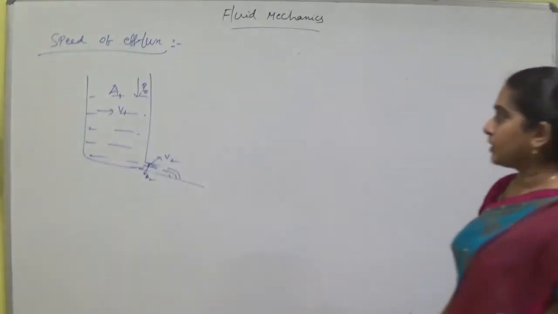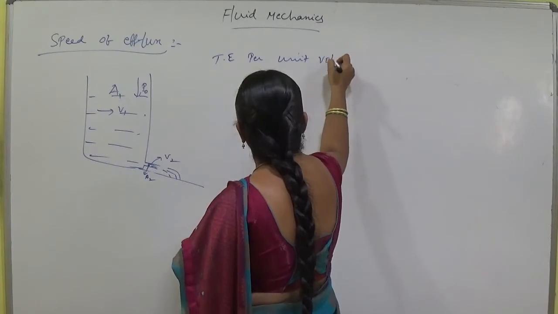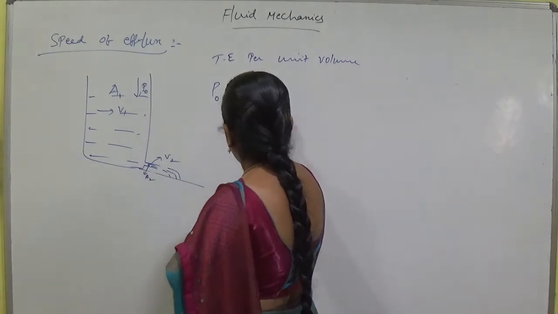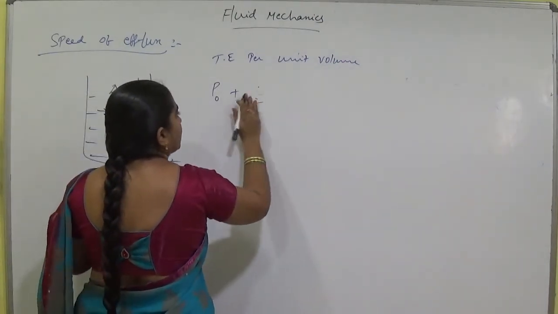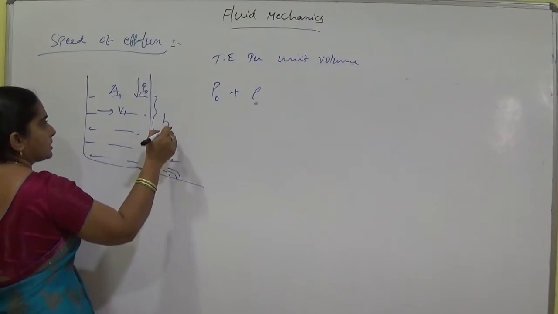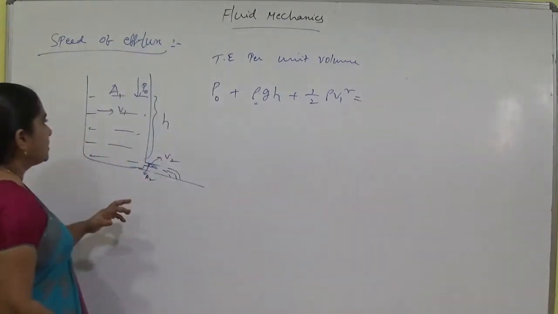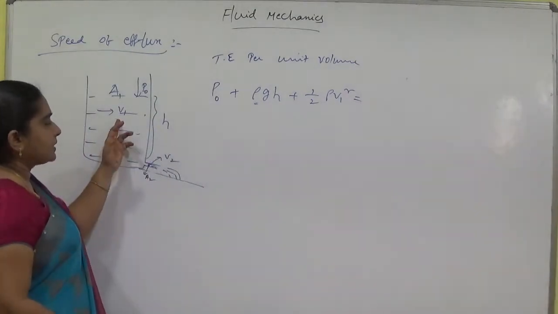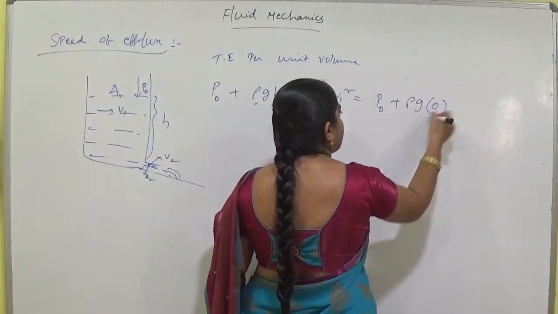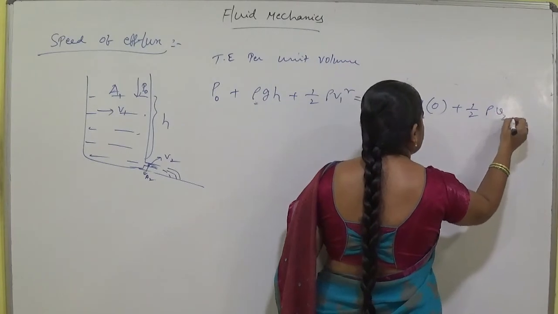The total energy per unit volume according to Bernoulli's theorem: P0 plus rho g h plus half rho v1 square is equal to P0 plus rho g times zero height plus half rho v2 square.